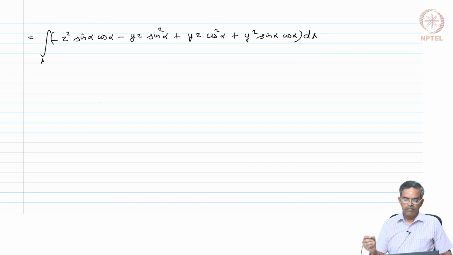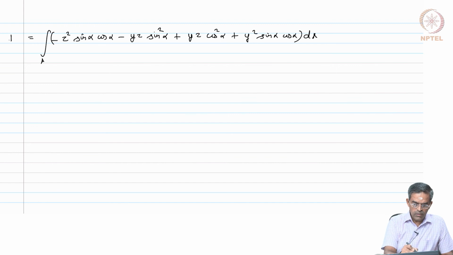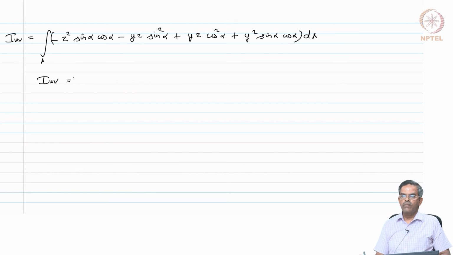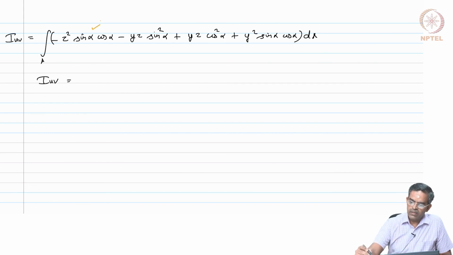Okay, this is Iuv, is it not? So, Iuv is now, so we have two terms with sin alpha cos alpha.